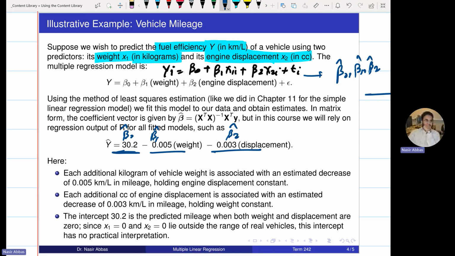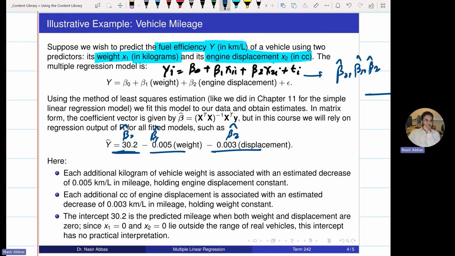There is only one other predictor. Which one? So we say holding the engine displacement fixed. If you have more other predictors, you will not mention one by one, just say holding the other predictors. Similarly, each additional cc of engine displacement is associated with an average decrease of 0.003 in mileage, holding the other predictors.